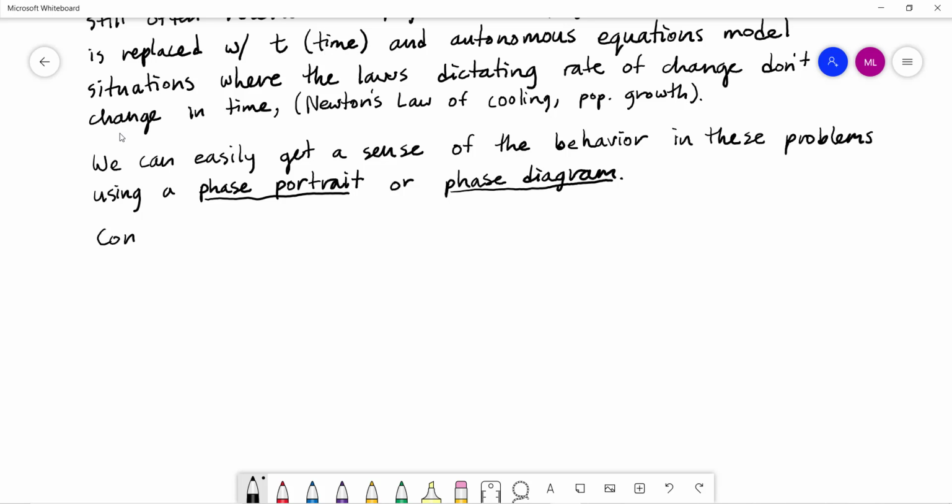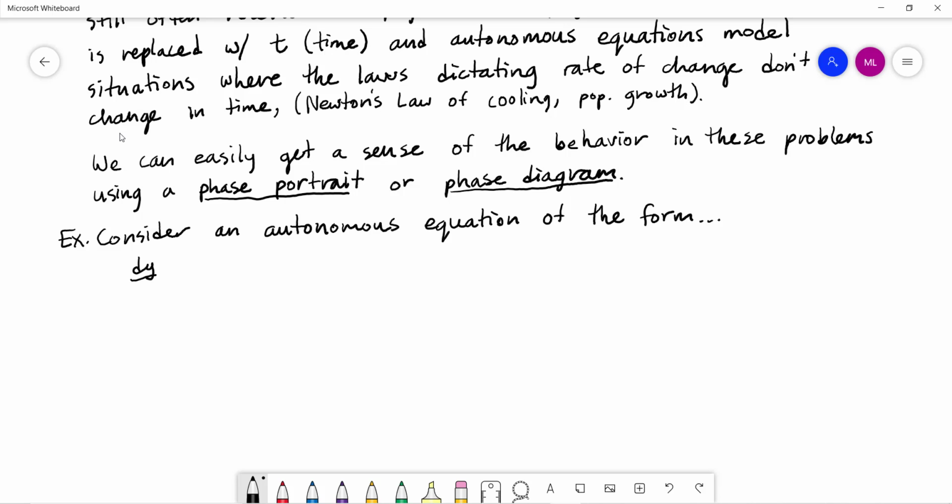Consider an autonomous equation of the form dy/dx equals y times (a minus by), where a and b are constants that are both positive. Let's say a is greater than 0 and b is greater than 0. So a and b are both just some constants, some parameters in the problem that have been picked.